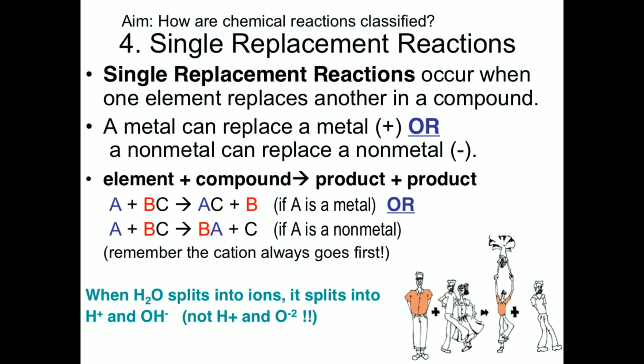And in single replacement, the single element replaces its like element in a compound. So that means in single replacement, a metal can replace a metal, or a nonmetal can replace a nonmetal. Here you can see the generic equations for single replacement.